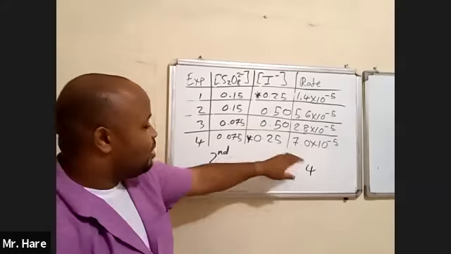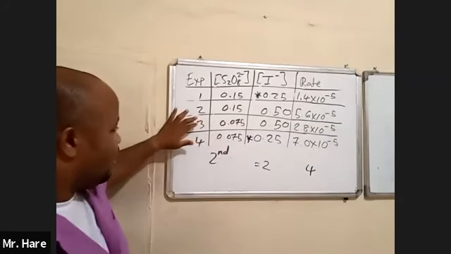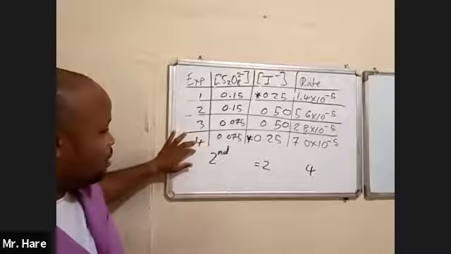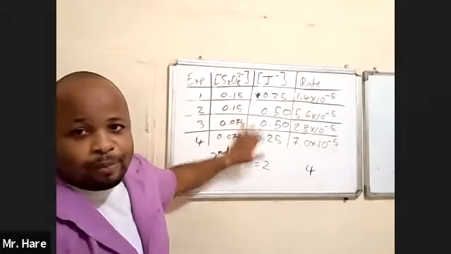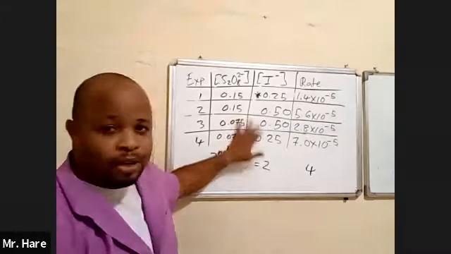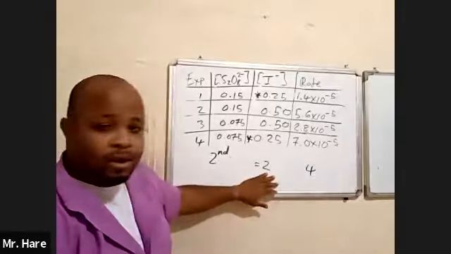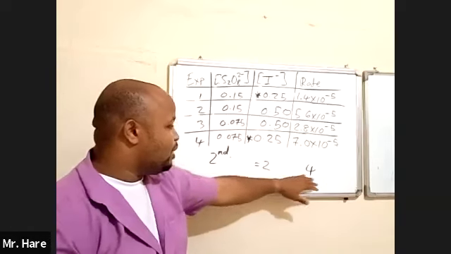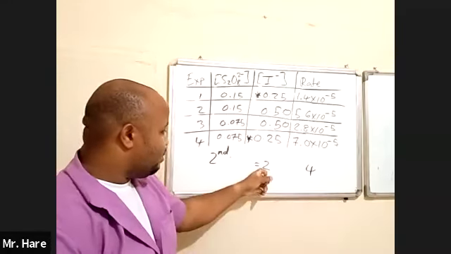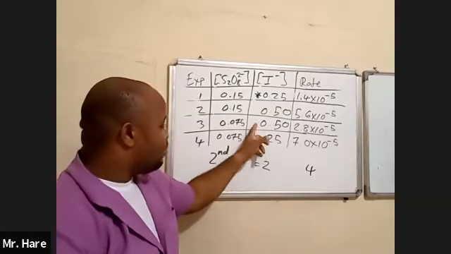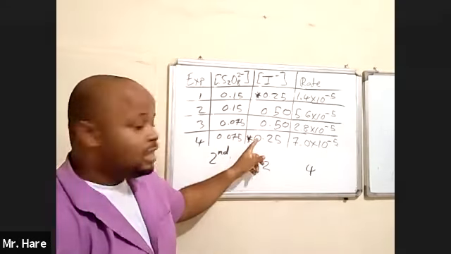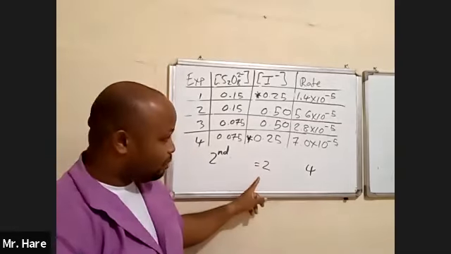So what I was saying, right? When you go from experiment 3 to 4, and the bigger number comes first, you divide by the bigger number, because when you do that, you will get a whole number, which is easier to interpret. So here, the difference in concentration is by a factor of 2.